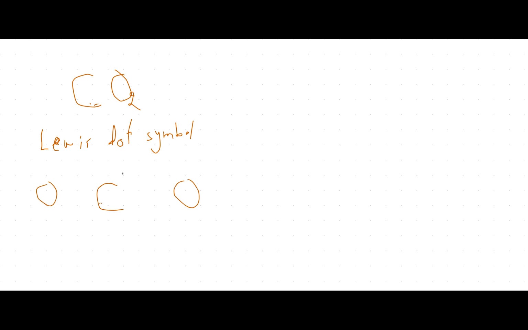How many oxygens do we have? We have 2 oxygens. The carbon has 4 extra electrons. I cannot draw without the Lewis dot symbol, so I have to put the dots around: 1, 2, 3, 4.